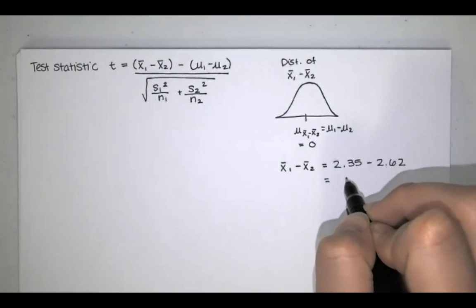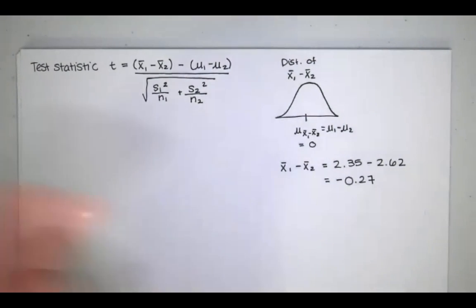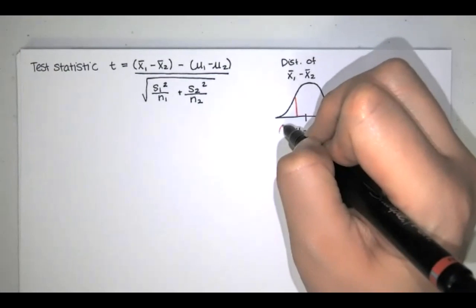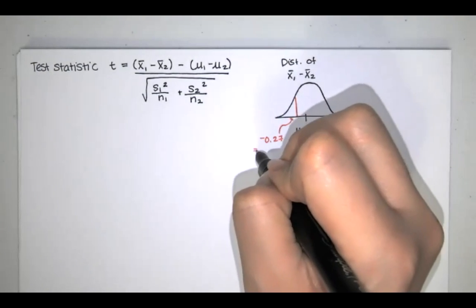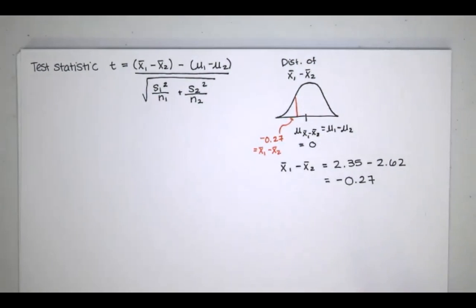And that is equal to negative 0.27. And so we're saying to ourselves, okay, is this difference between sample means of negative 0.27 significantly low, given that the null hypothesis is true? In this case, the null hypothesis is saying that mu sub 1 and mu sub 2 are equal to each other.